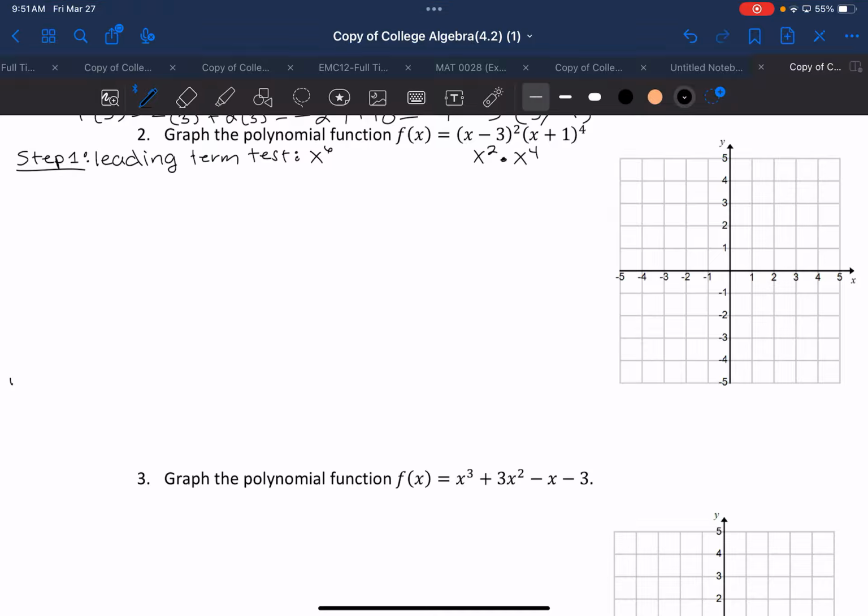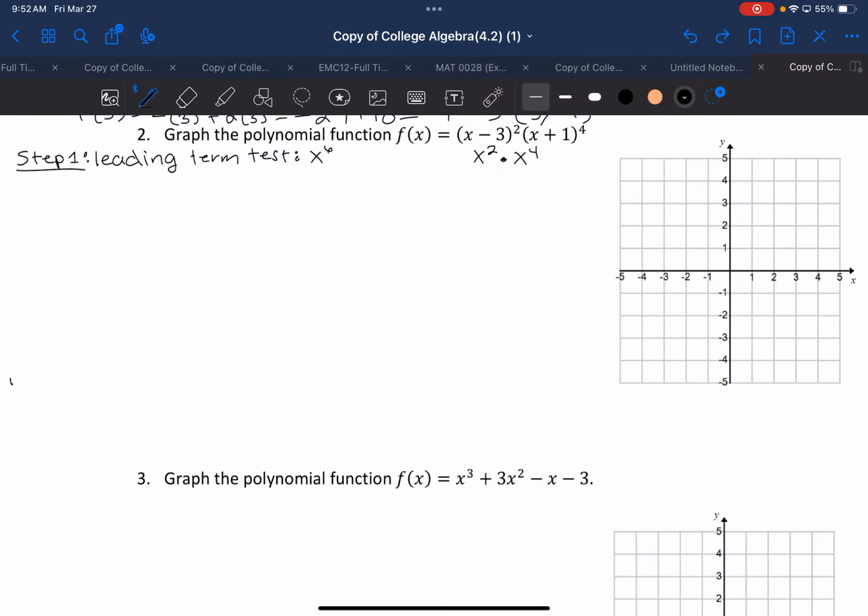And there's no numbers in front of x. If there was, say a 3 in front of that x, then there would be a 3 in my leading term, because that would be multiplied in there. But there isn't, so I don't need that.